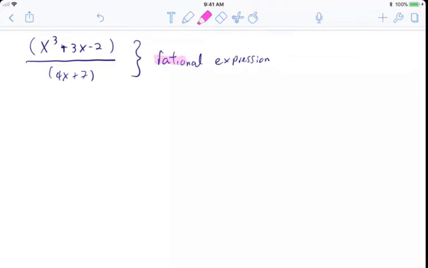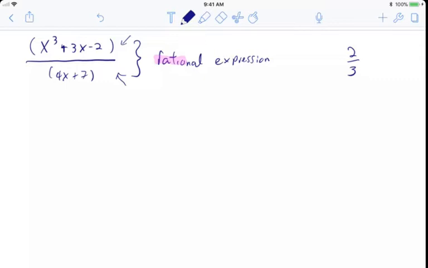Ratio means you divide, right? So you could talk about a ratio 2/3. That's a ratio. In this case, it's a rational expression because it's one polynomial divided by another polynomial. In terms of the basic operations, like evaluating them, they work just like polynomials do.